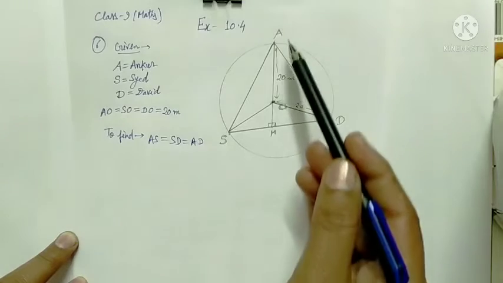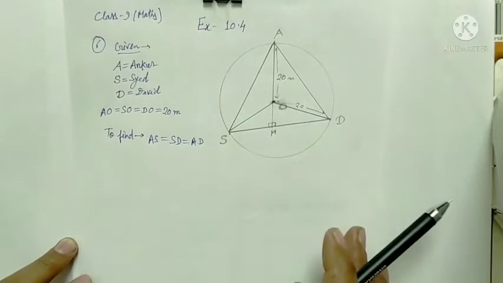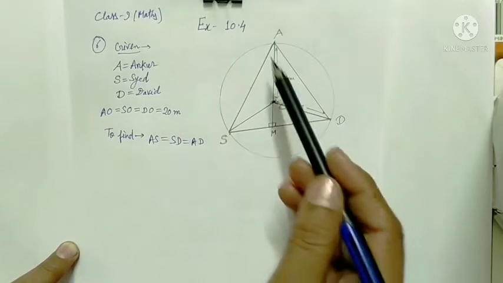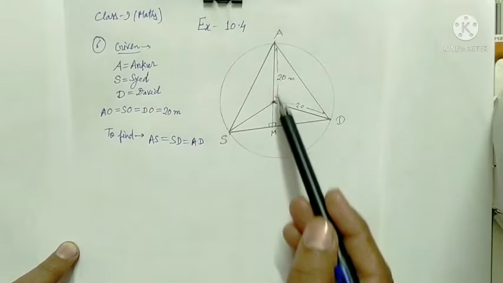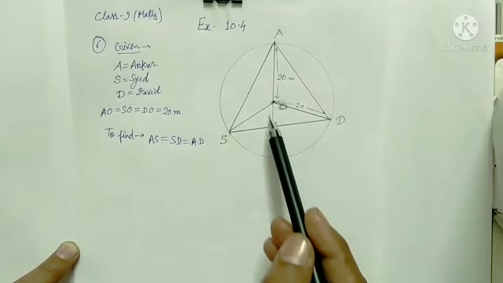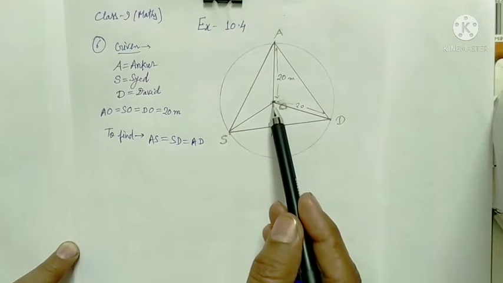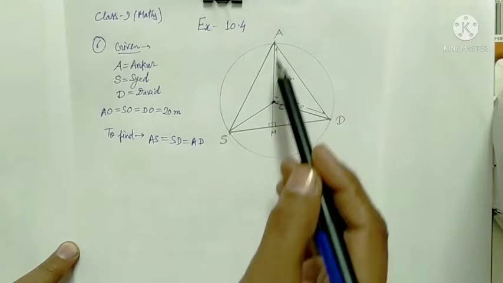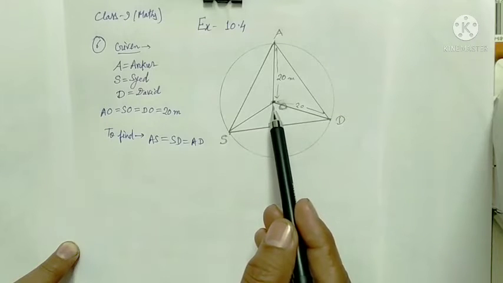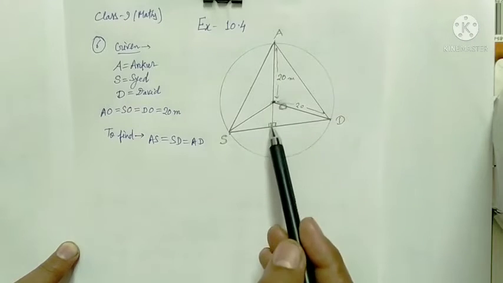What is that theorem? Centroid theorem. What does the centroid theorem state? In this equilateral triangle, the altitude drawn, if the altitude is passing through the center of the circle, it means that the altitude is divided by the center of the circle in 2:1 ratio.